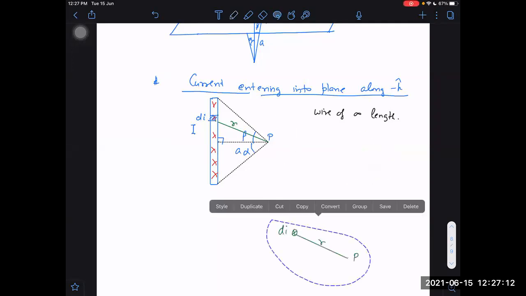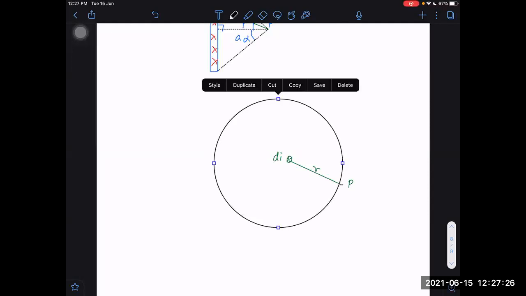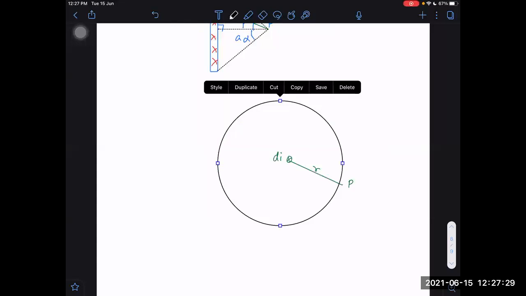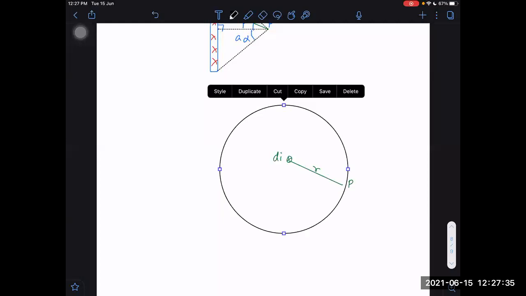Let me draw it separately so that I can make the whole circle. This is the direction of field. Now we know this is the radius.